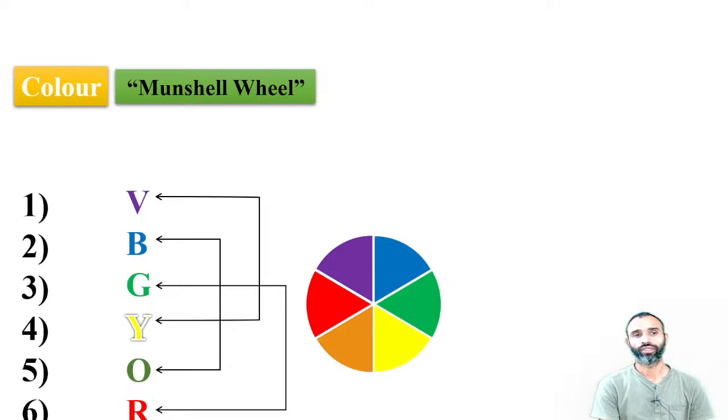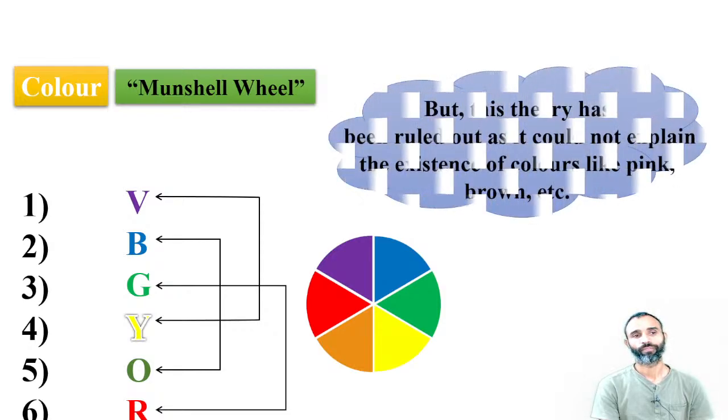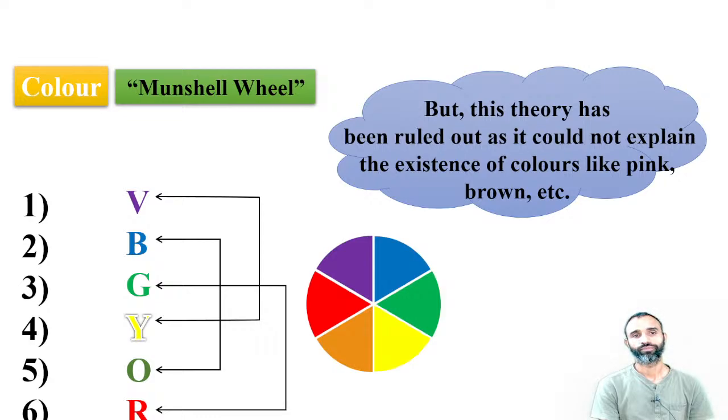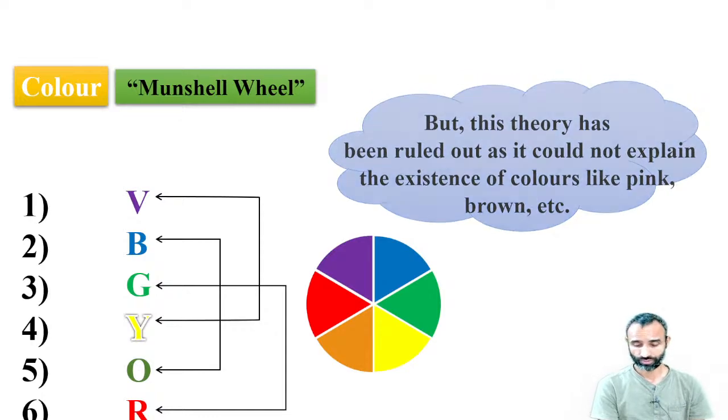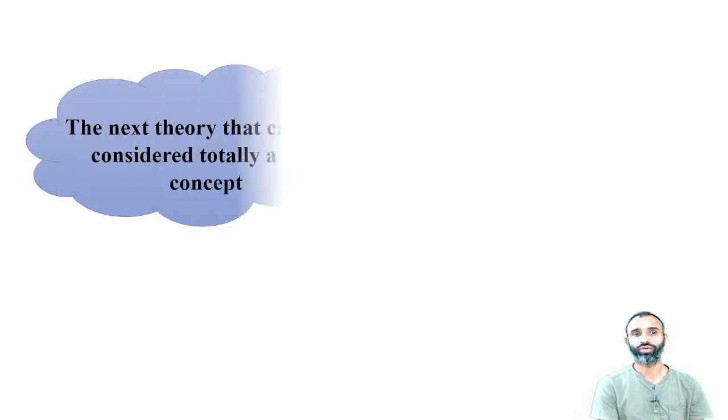So see, in VIBGYOR we say violet and yellow are complementary to each other, blue and orange, green and red. But this theory, this color wheel theory, could not explain the existence of colors like pink, brown. So that's why it is ruled out.